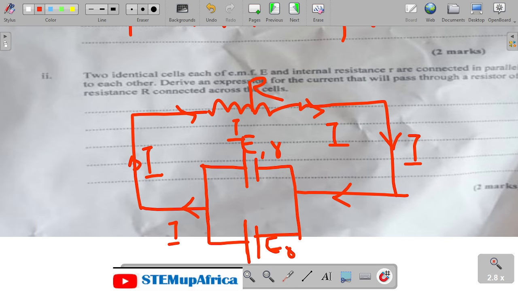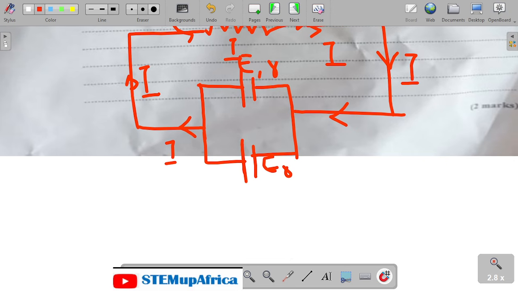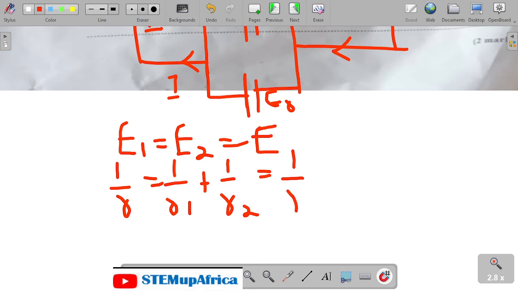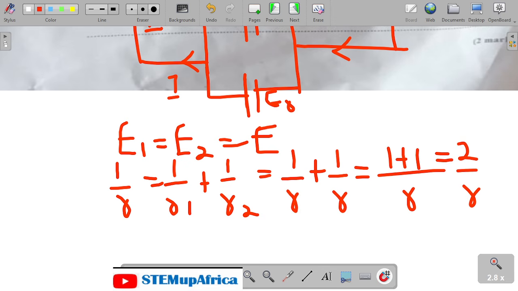So for parallel arrangement, your E1 and E2, the value is just E. The EMF is constant. But what about the internal resistance? I'm having 1 over r1 plus 1 over r2. Since I arranged them in parallel, I'm having 1 over r plus 1 over r, so my sum is 1 plus 1, which is 2 over r. So the total internal resistance now is r over 2 in ohms.